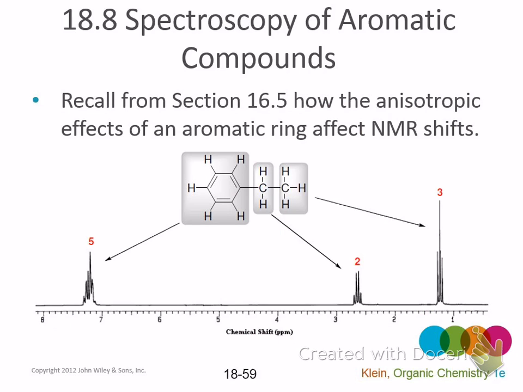Okay, NMR. If you remember, double bonds cause peaks to shift. We call that anisotropy. The electron cloud of a double bond causes things to shift downfield.